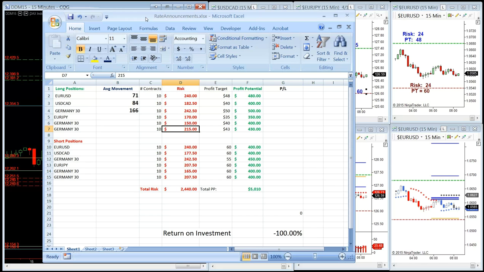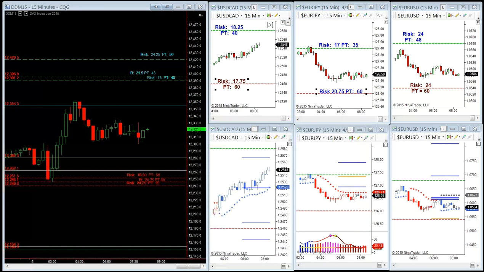So I've got all of these positions for less margin than what one future DAX will be. And the DAX is the biggest mover normally on a day like today. It's not meant to say that it will be the biggest mover, but on average, yes, it is.